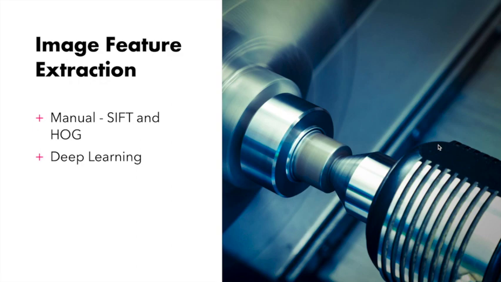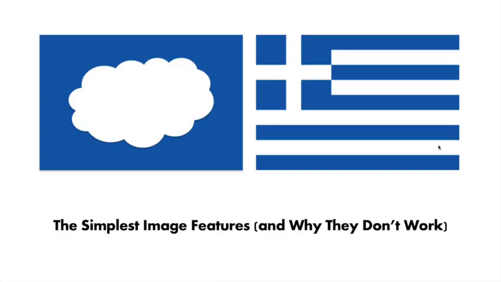So let's start by asking ourselves a question. What are the right features to extract from an image? The answer, of course, depends on what we're trying to do with those features. Let's say the task is image retrieval, and we are given a picture and asked to find similar pictures from a database of images.